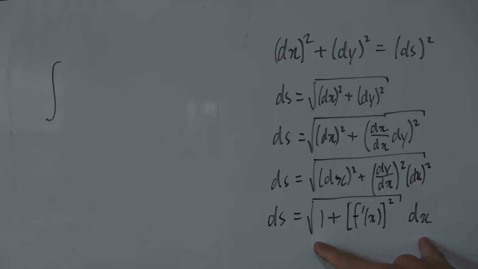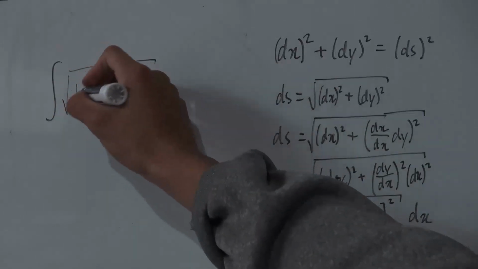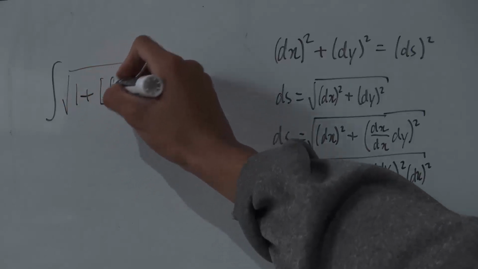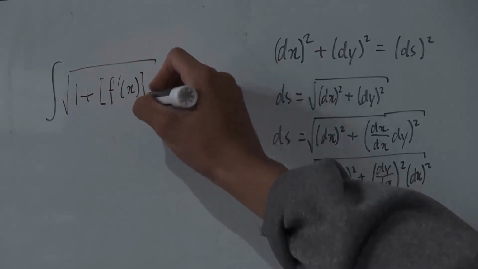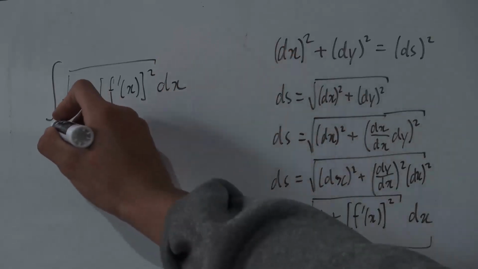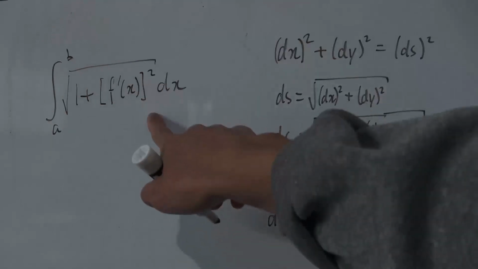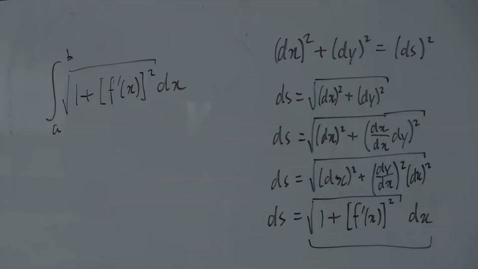And now remember, this part here is just representing each of those little lengths I was showing you. So if we integrate all of these little lengths, 1 plus f prime of x squared times dx, across some continuous interval a to b, this is exactly the formula that we use to find the arc length of a function.